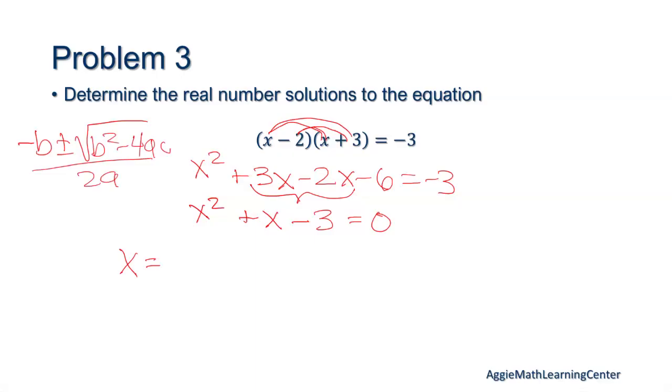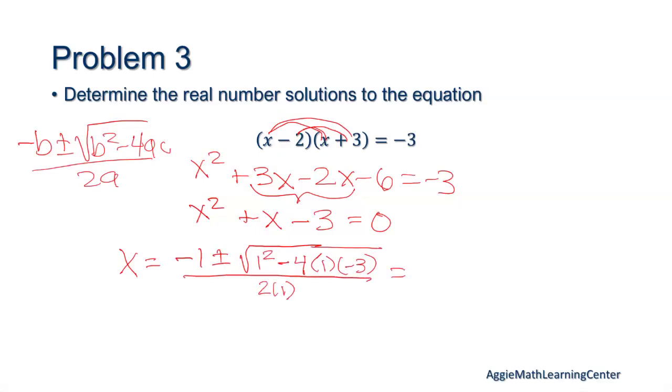So what is it going to be? Negative 1 plus or minus square root 1 squared minus 4 times 1 times negative 3, all over 2 times 1, so just 2.